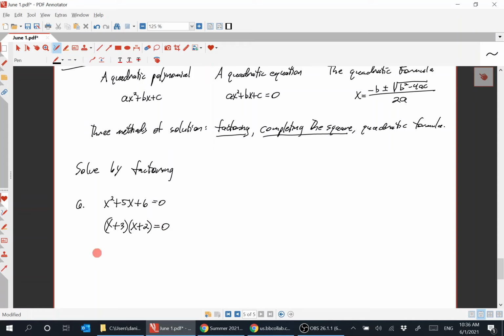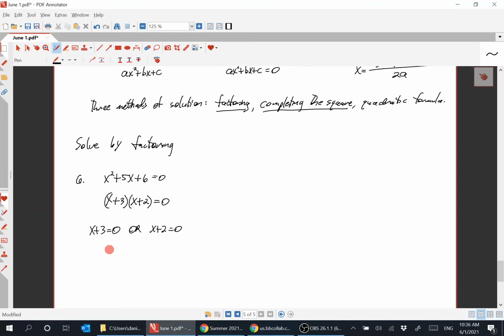Within the real numbers, that means that one of the factors is 0, or the other factor is 0. Right, so this gives you x is equal to minus 3, and this gives you x equal to minus 2. So you have two possible solutions with a quadratic. Okay, so if you can factor, you know, that's the quickest, easiest way to solve.